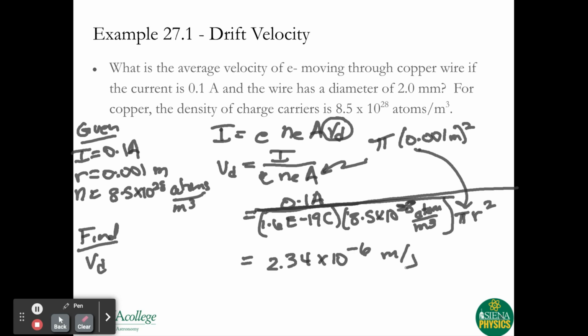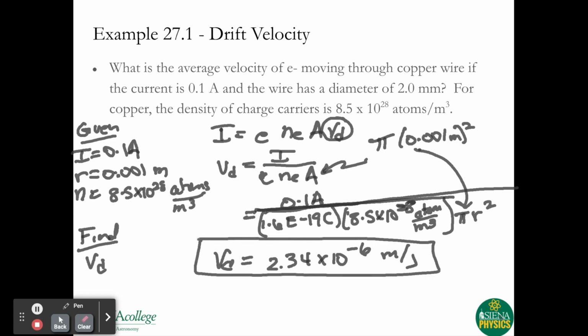And let's just convince ourselves that we got meters per second here. So our units on the top, we have an amp, which is a coulomb per second. And then on the bottom, we had a coulomb, we had an atom per, 1 over meters cubed, and then we had a meter squared.